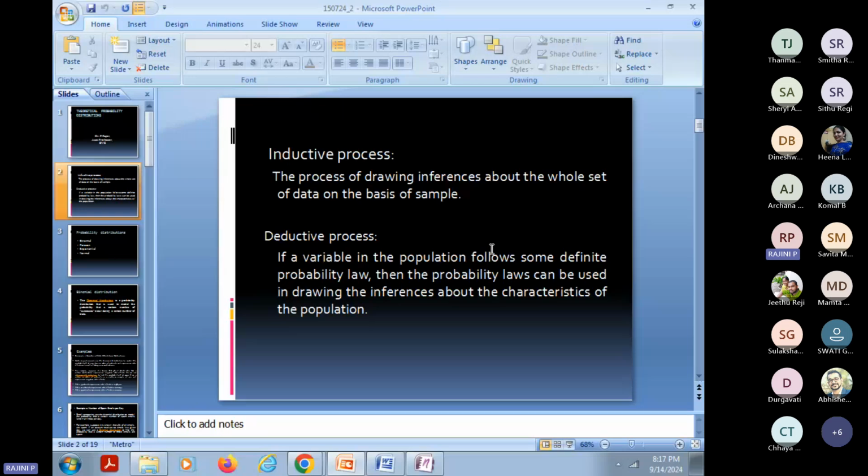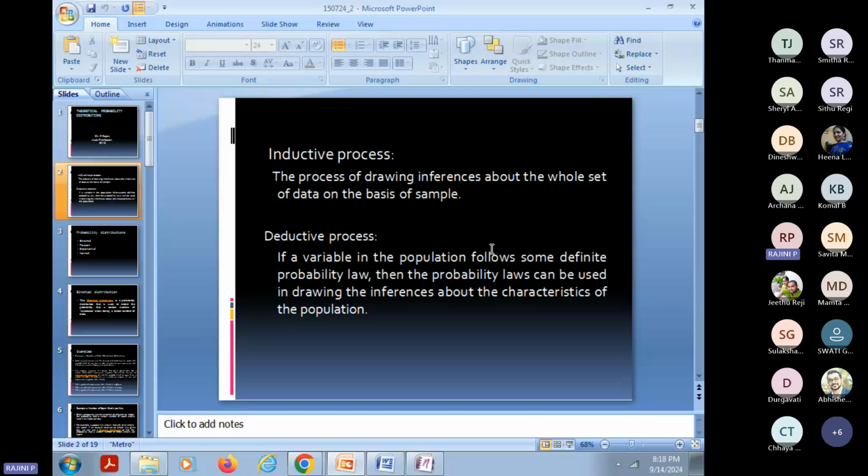For example, I wanted to know in tossing of a coin, why I'm giving the simple example means everybody will understand. In tossing a coin, what is the probability of getting head? Here I'm concentrating on the probability. So through the probability, you are giving the conclusion.